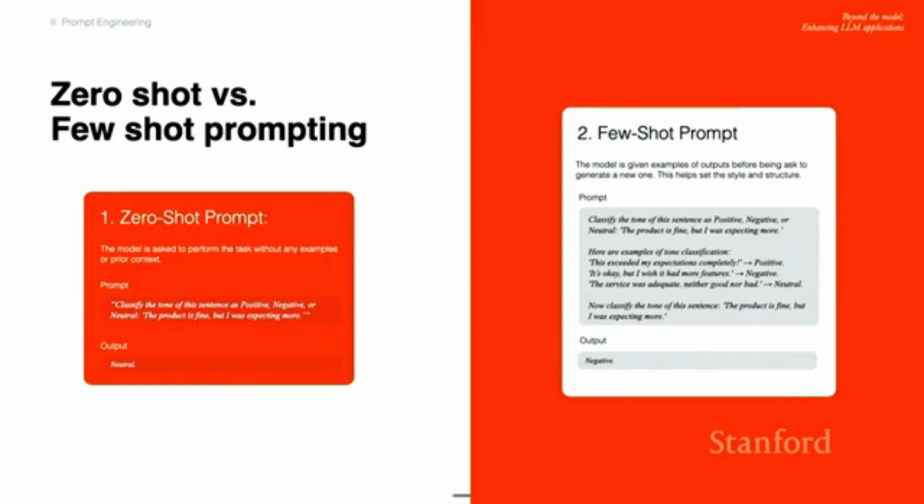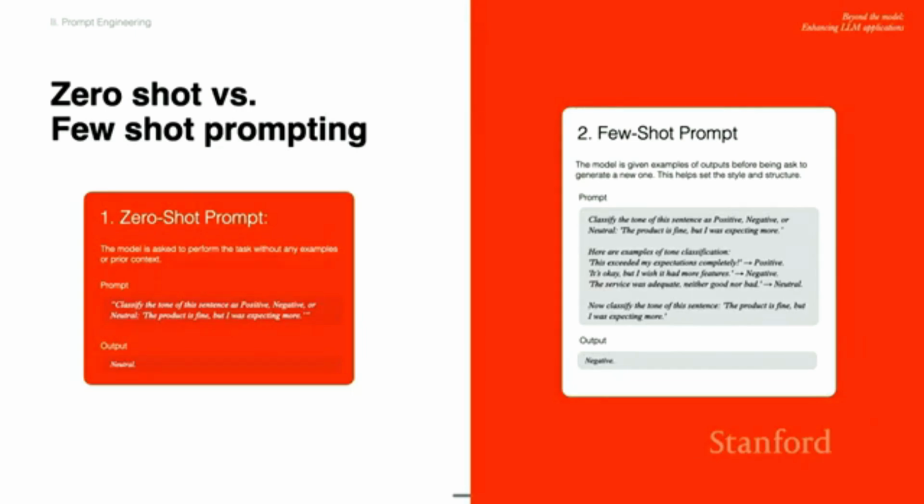So the example here is you paste the same prompt as before with the user review, and then you add, here are examples of tone classifications. "This exceeded my expectation completely." Positive. "It's okay, but I wish it had more features." Negative. "The service was adequate, neither good nor bad." Neutral.